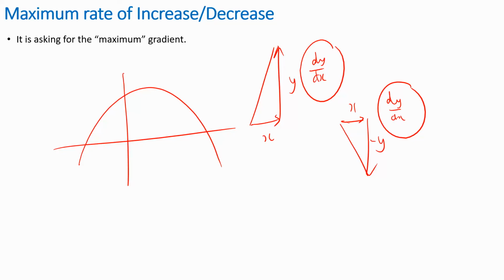And I ask you, at this particular point, you know, we know one thing is the rate of increase is positive, meaning that the gradient is currently increasing, right? As x increases, y increases, not decreasing, right? But what happens if I chose this point and I move closer and closer and closer to this point? What's happening to the gradient? So if I choose a point here, I get this gradient, but then if I choose this point, I get that gradient there. What's happening to the gradients in between? What's happening to the rate?